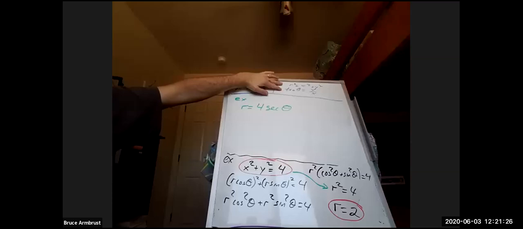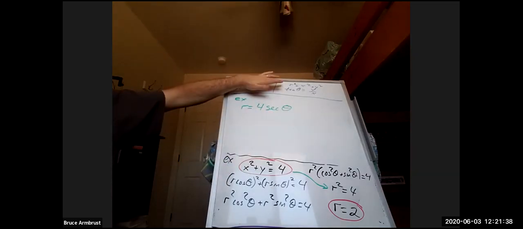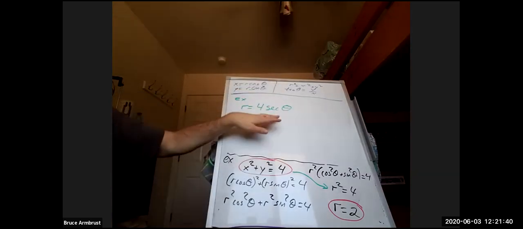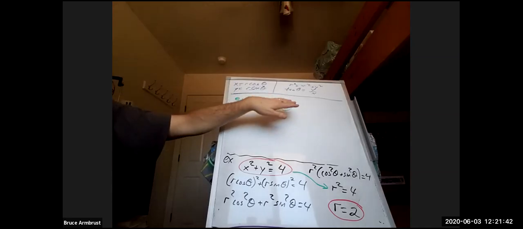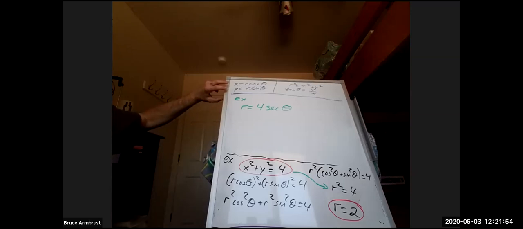And even if I did, that r is going to equal some square root of x squared plus y squared. That's not nice. Similarly, I don't have something that says theta equals, and even if I did, it'd be an inverse tangent of y over x. So then I'm going to have to take a secant of an inverse tangent, and it's going to be horrible, right? Well, the trick with these, for sure, is to actually use the other conversions.